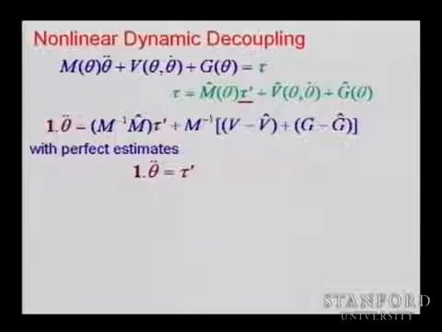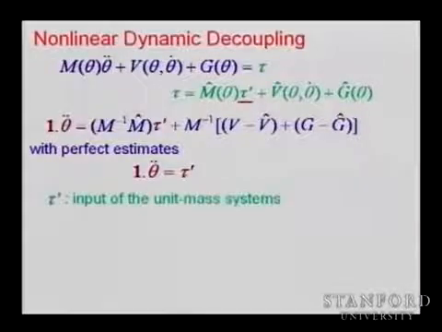If you use this structure to take a controller, any controller, not a PD controller, any controller you want, this controller is going to be scaled by the mass matrix and added to it nonlinear dynamic compensation to compensate for the nonlinear terms. Then you achieve dynamic decoupling with a behavior that is controlled by torque prime, and torque prime now is controlling the unit mass, unit inertia of all your degrees of freedom.